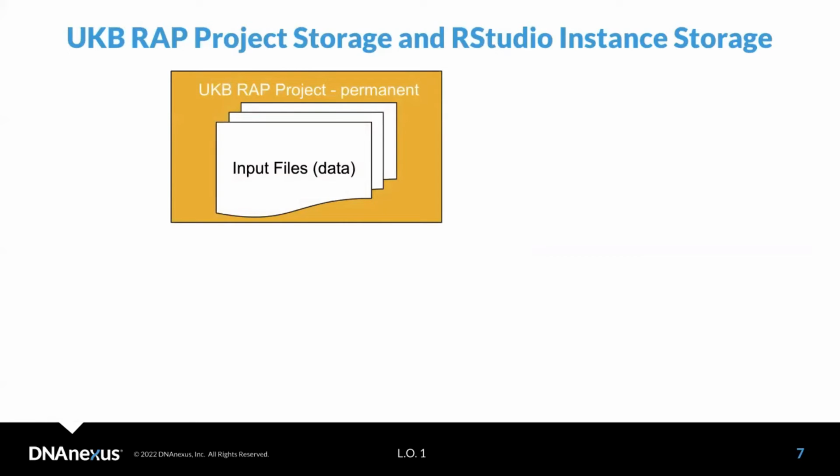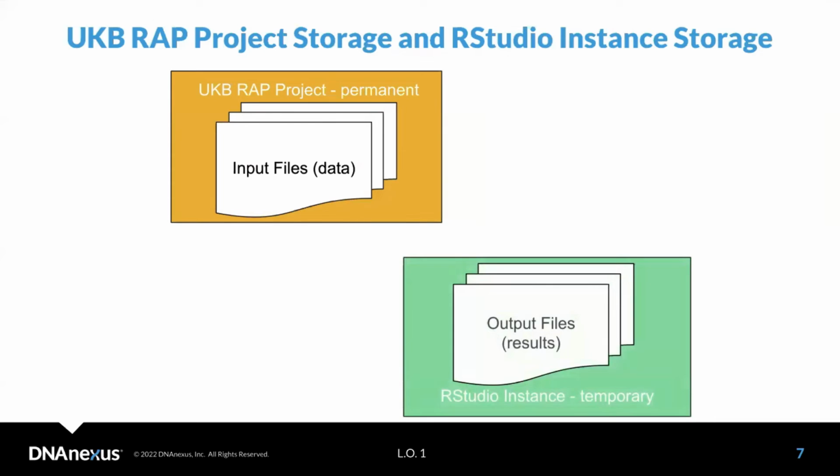Once you linked your AWS account and created your UKB RAP account, and you are dispensing data, you're dispensing data in the project, and this project is a permanent storage, not only for the dispensed data, but for the scripts that you have or for some results that you produce. So this is the permanent storage that we have.